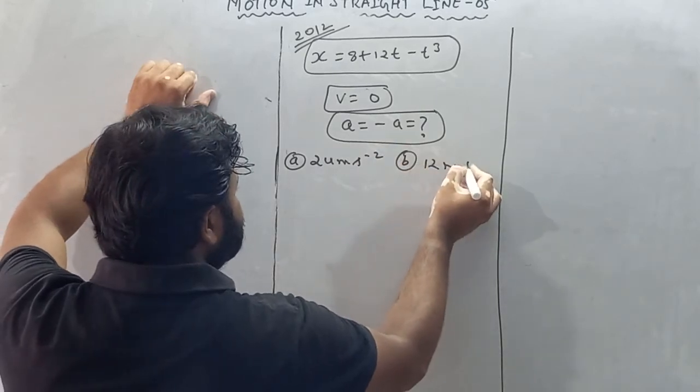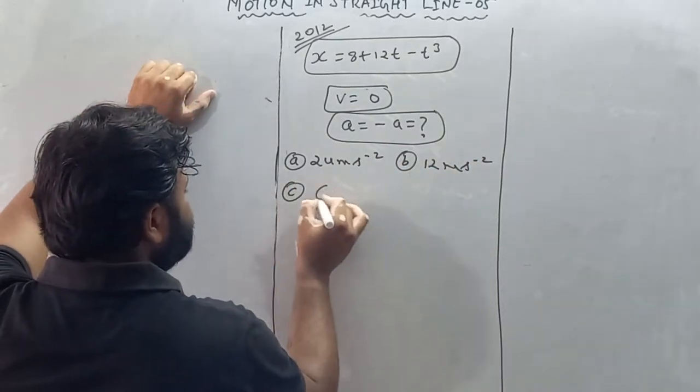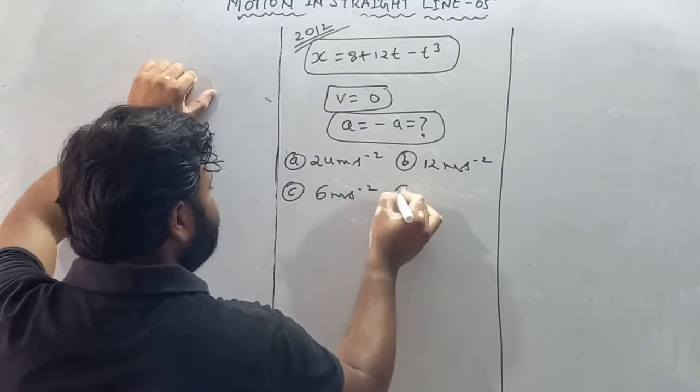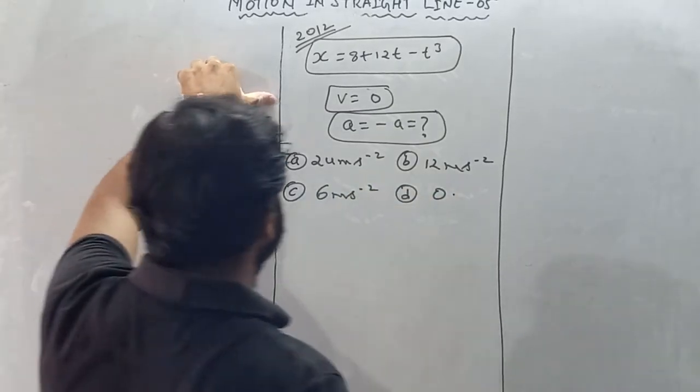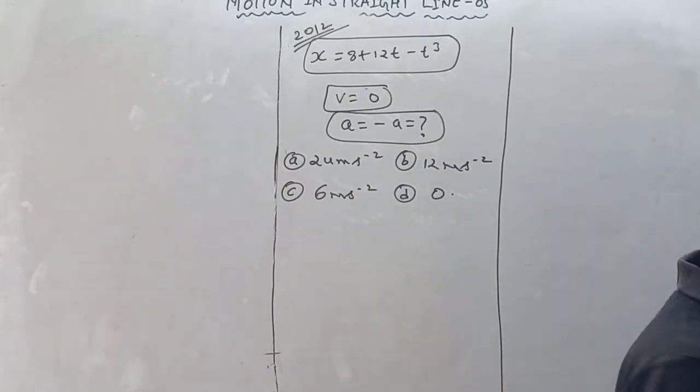B option is 12 meter per second square. C option is 6 meter per second square and D option is 0. I am repeating once again the statement of the question.